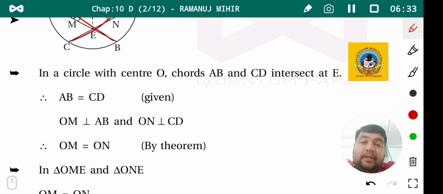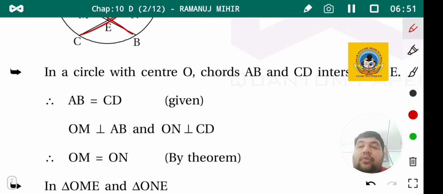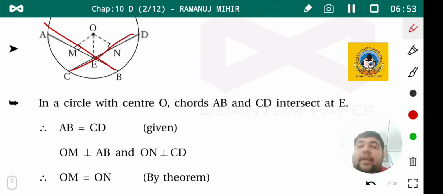This is our circle, these are our chords, they are intersecting at this point. So AB is equal to CD, then OM perpendicular to AB and ON perpendicular to CD. By the theorem, OM is equal to ON.